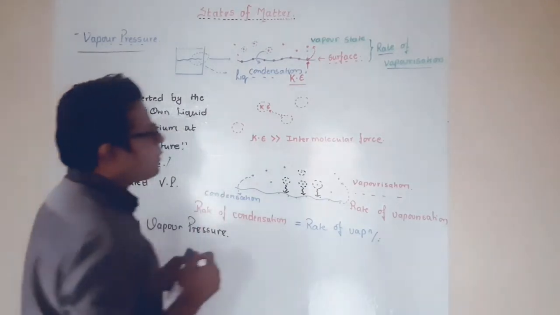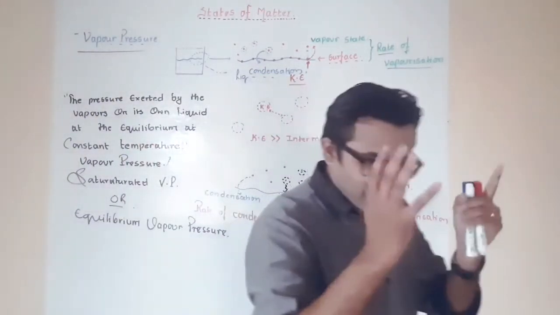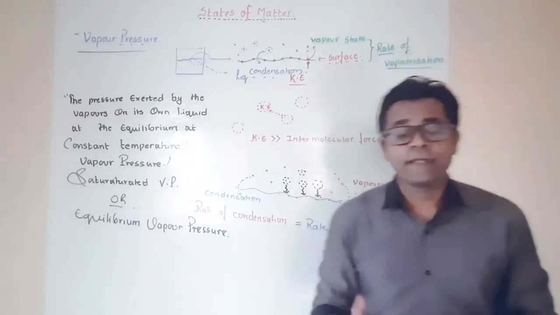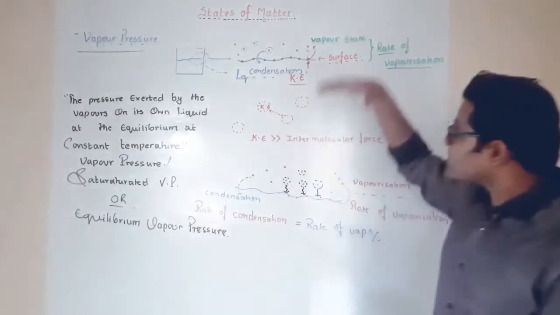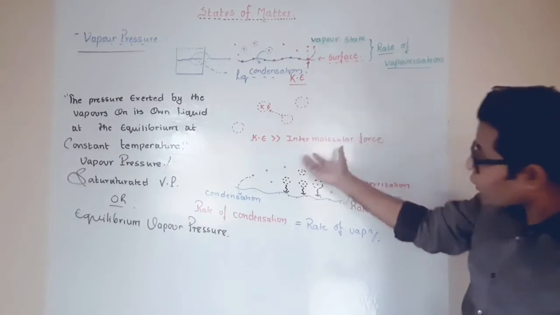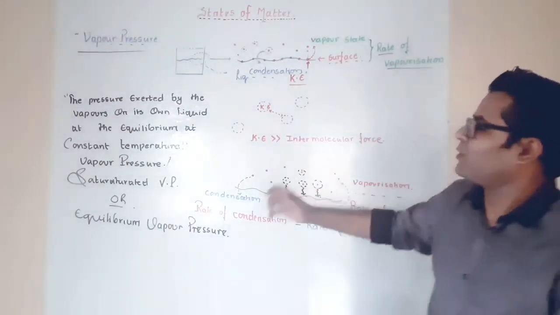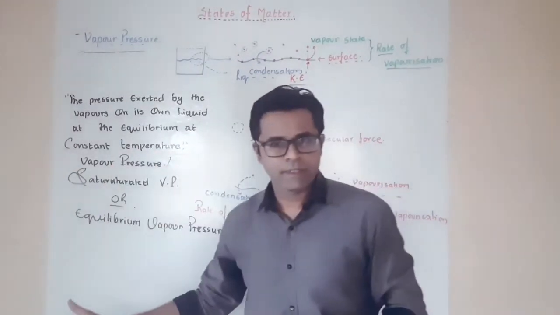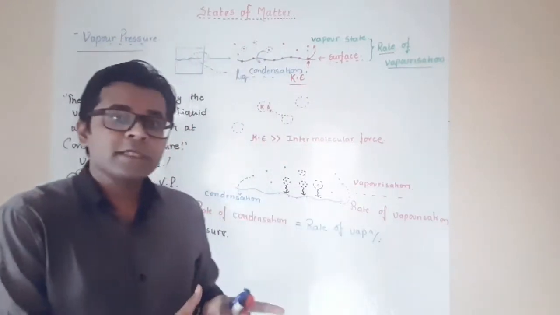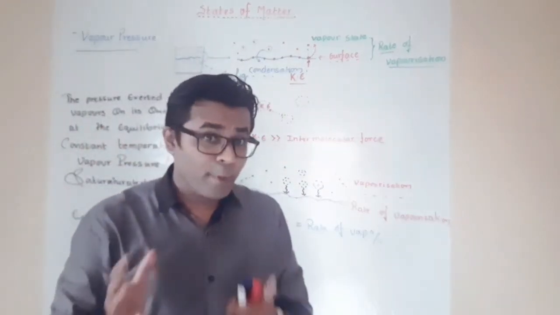So what we have here is that, at equilibrium and at a constant temperature, the pressure generated by the vapors on its own liquid is called the vapor pressure. Okay, now let's understand what relation it has with the boiling point.